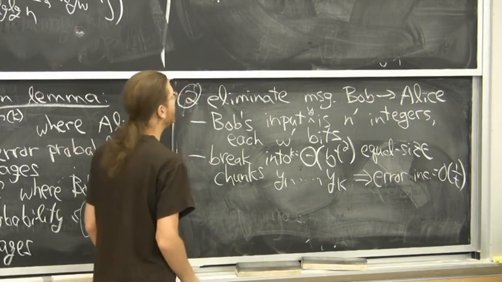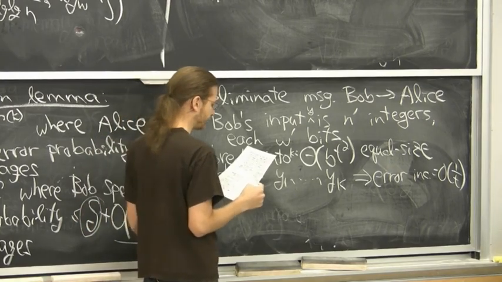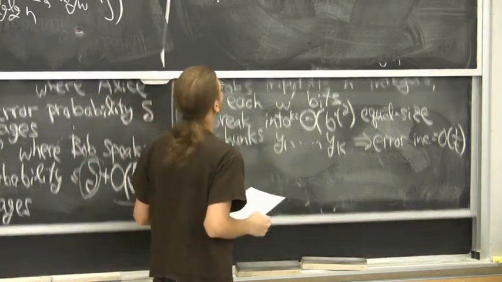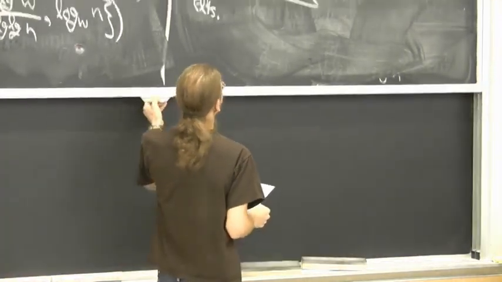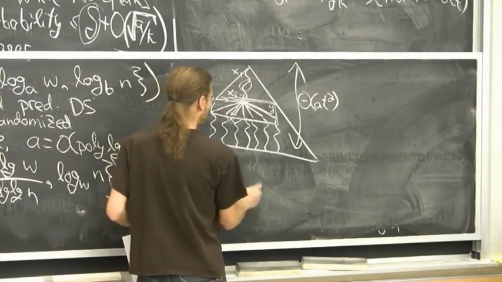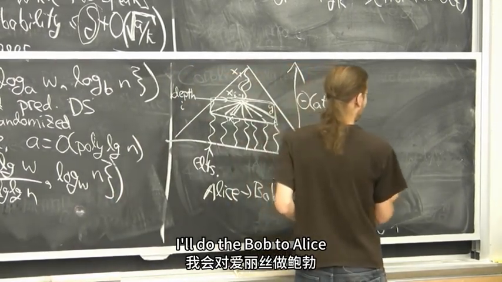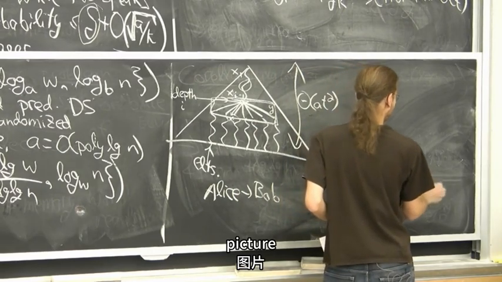Okay. Here's how I'm going to do that. I'll just draw the picture over here. So this was the Alice to Bob elimination. Now we'll do the Bob to Alice picture.